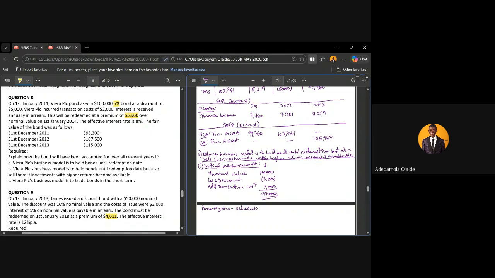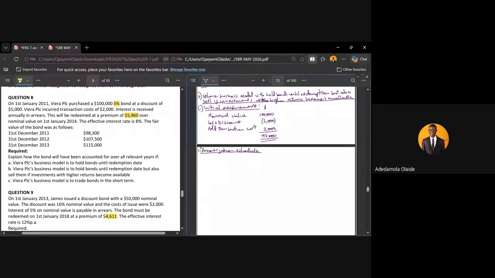In our amortization schedule, we'll have the year, opening balance, interest at 8%, payment at 5%, then closing balance.